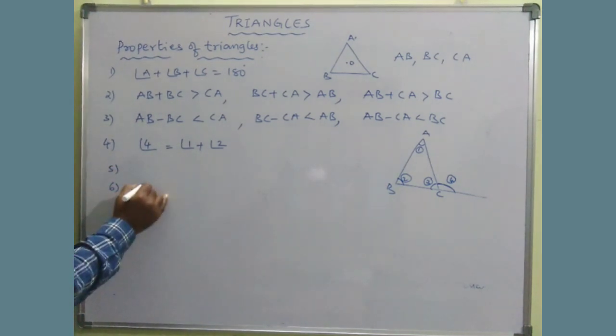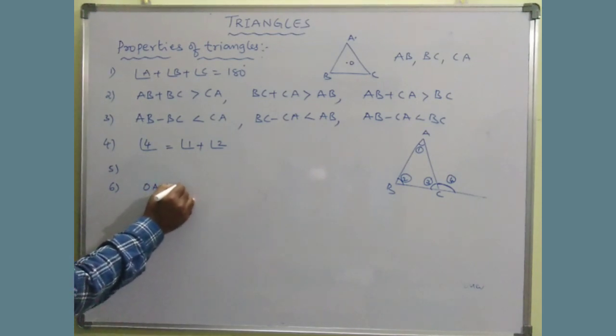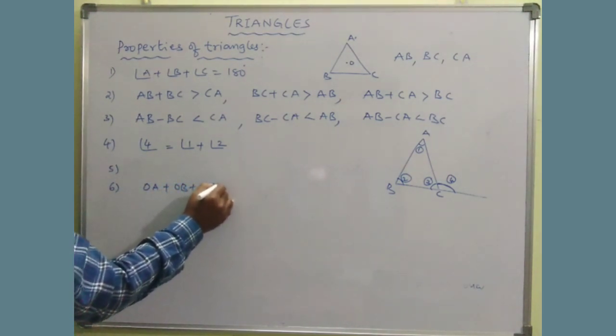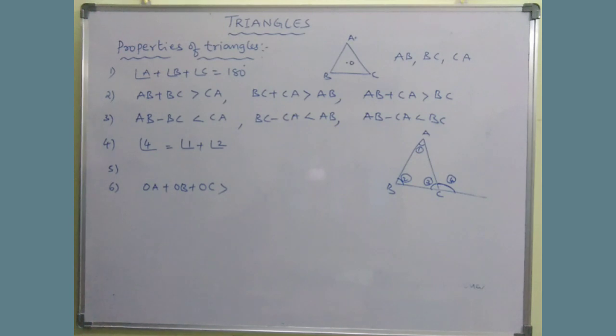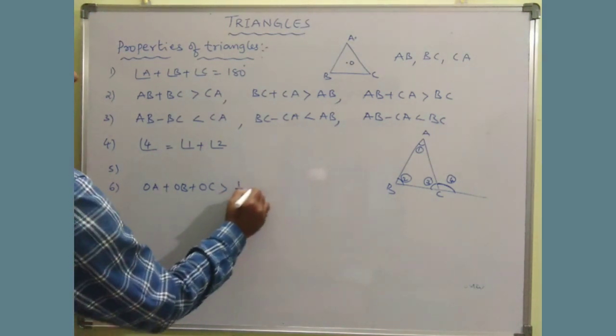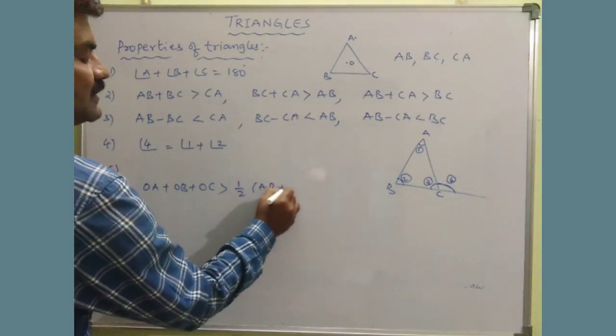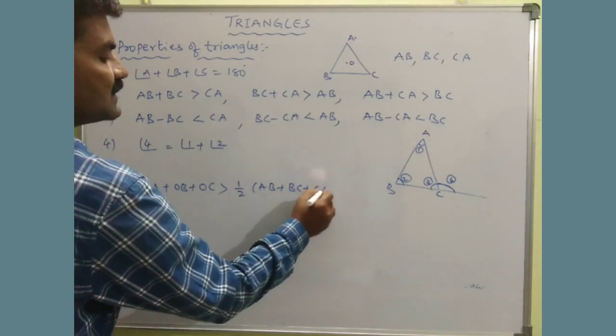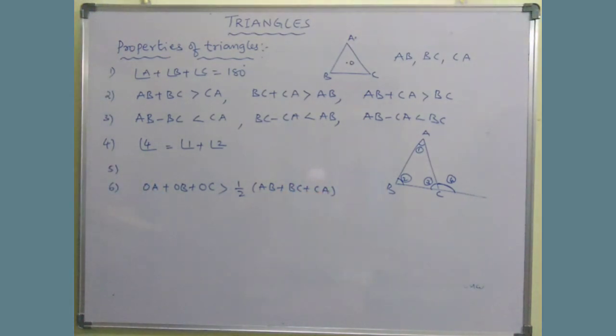If O is an interior point, then OA plus OB plus OC is always greater than half of AB plus BC plus CA.